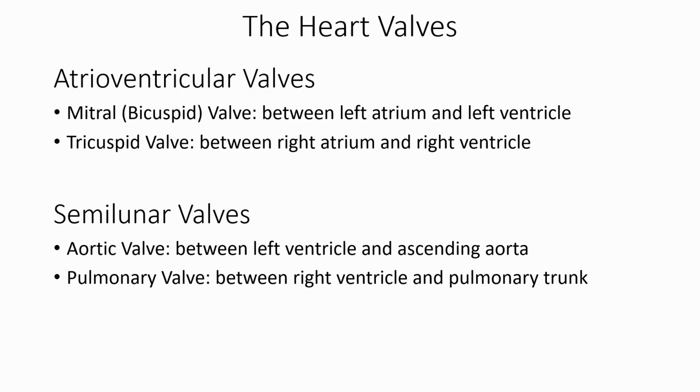And then the semilunar valves, which include the pulmonary and the aortic valves, are called that because the pieces of the valve look like little half moons. They look like little crescents, and so that's why they get the name semilunar. Remember, aortic is going to be between the left ventricle and the aorta. Pulmonary will be between the right ventricle and the pulmonary trunk. So they're named for the blood vessel that blood is pushed into when it passes through that valve.